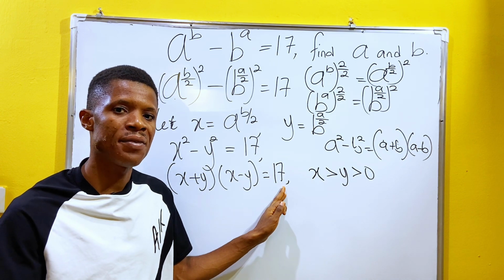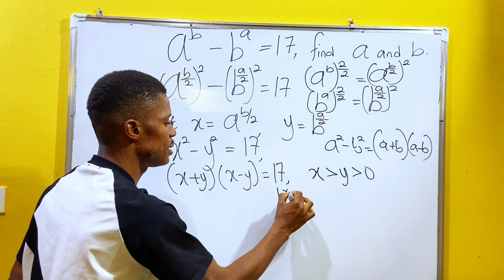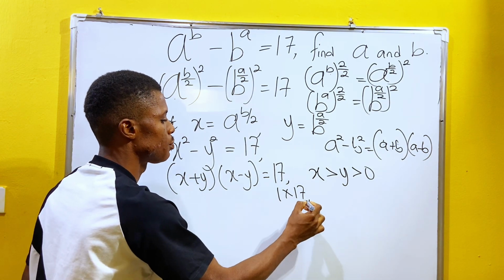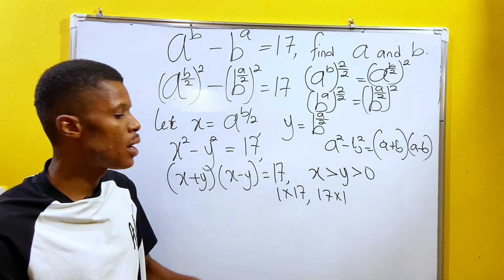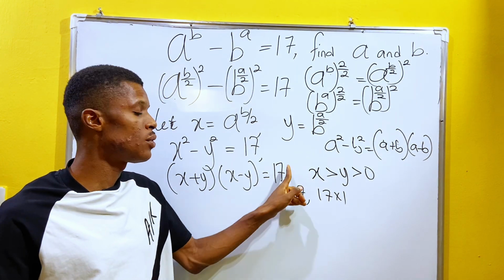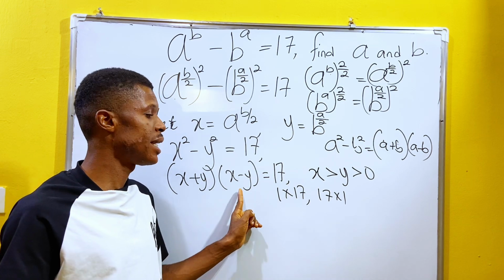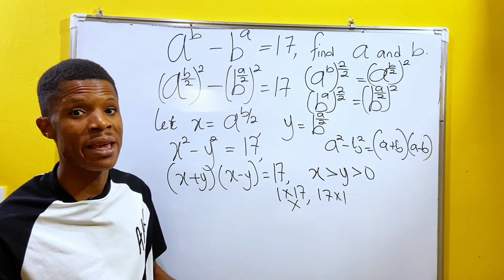Since you actually know this, we'll now look at the factors of 17. 17 always has a factor of 1 and itself, no other factor. That means 1 times 17 can be a factor, and also 17 times 1. Then when you have 1 times 17, to give you the 17, if you do 1 minus 17, it gives a negative solution, which is not what we needed. So this is actually not a factor.